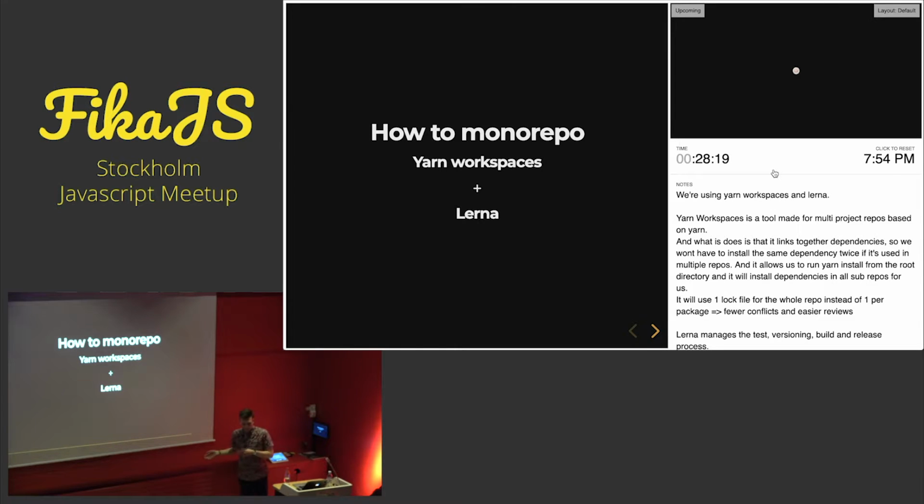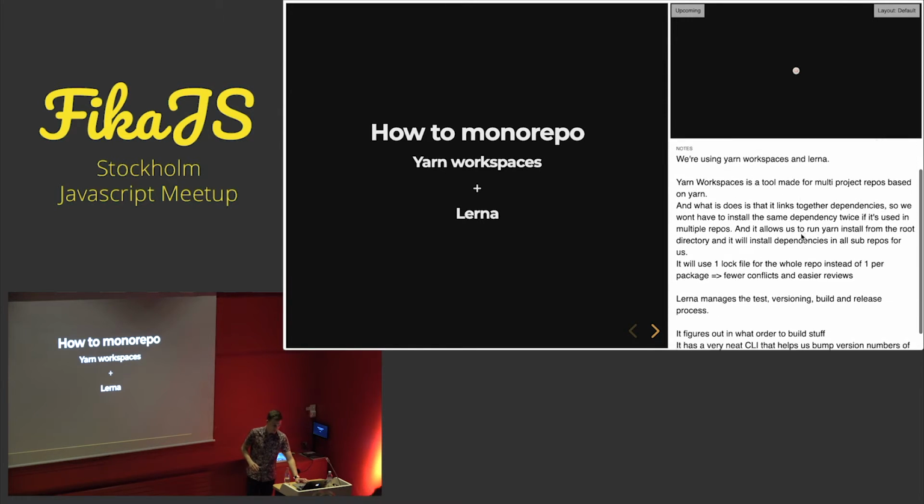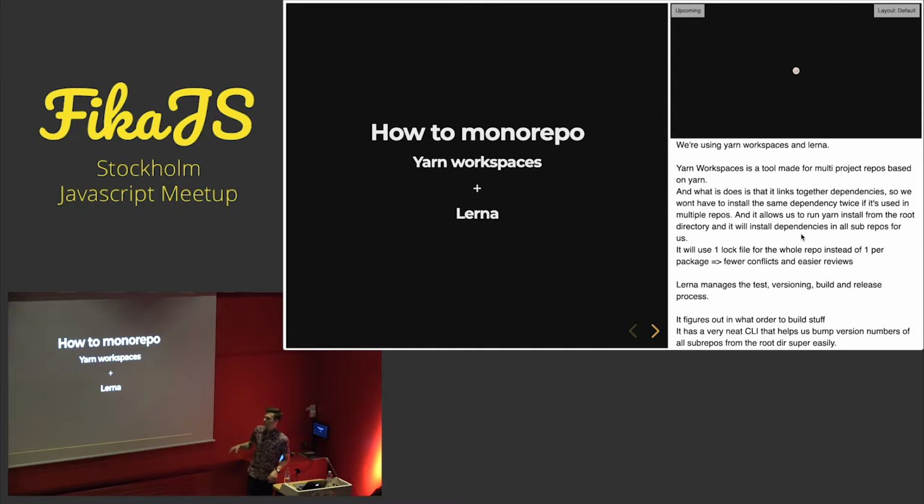So we can just do an install and a build on the root level of our monorepo, and it will install everything we need in the right order and build everything in the right order as well. It will trickle down into each repository and do that. Super sweet. And then we have Lerna, which handles building, releasing, deploying, and versioning for us as well. We'll look into that in some time.